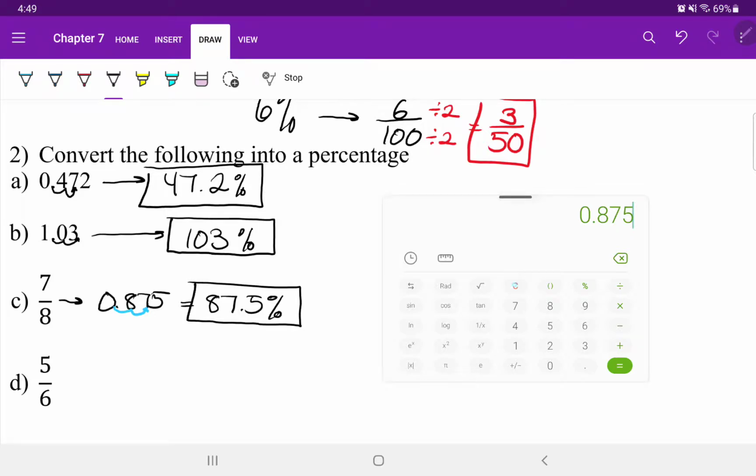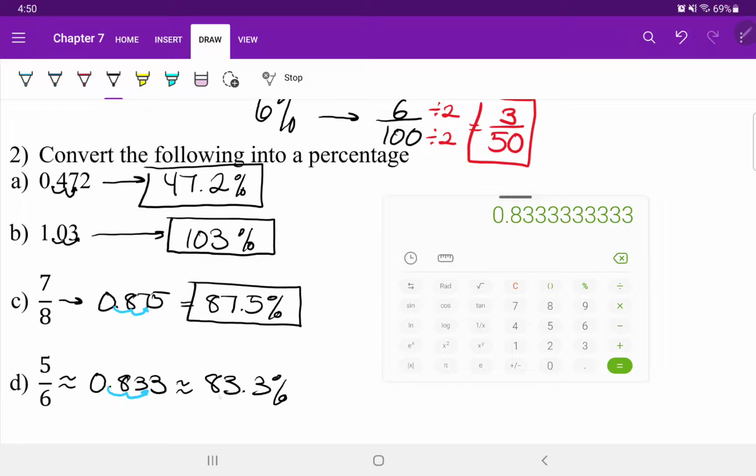Same thing for D. Divide the numerator and the denominator. 5 divided by 6. Let's take 3 numbers after the decimal when we round. This is going to be approximately 0.833. Move the decimal 2 units to the right. 83.3%.